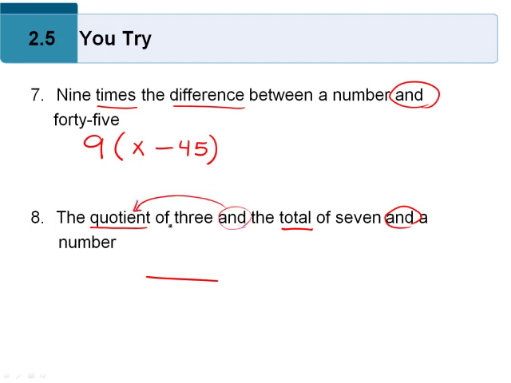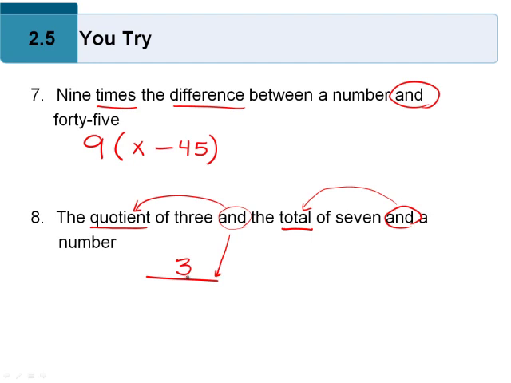So that's what separates the top and the bottom of your fraction is that first word and, okay? And then the second and, that goes back to total, okay? So it always goes back to the operation that's right before the word and comes up, okay? So we have the quotient of 3, so the only thing that goes on top is just 3. And that's our division bar. So that's where that quotient part comes in. Okay. I know I've got arrows everywhere.